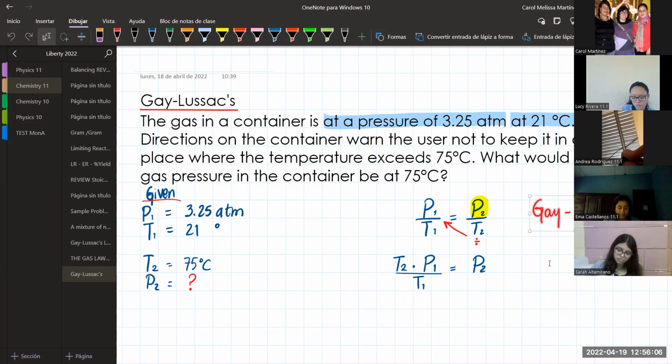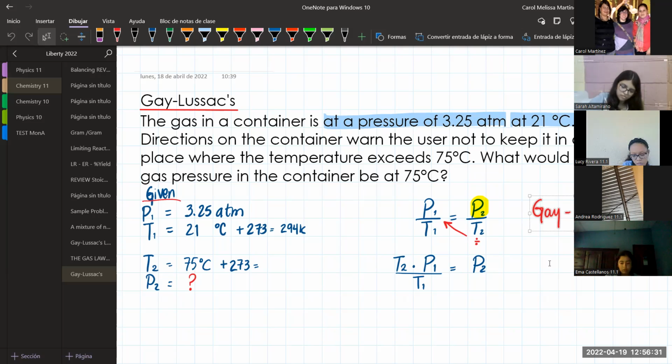This is going to be plus 273 to give me the kelvins. So these are 294 Kelvin, and this is, I don't know, 348, I guess? Yes, 348.